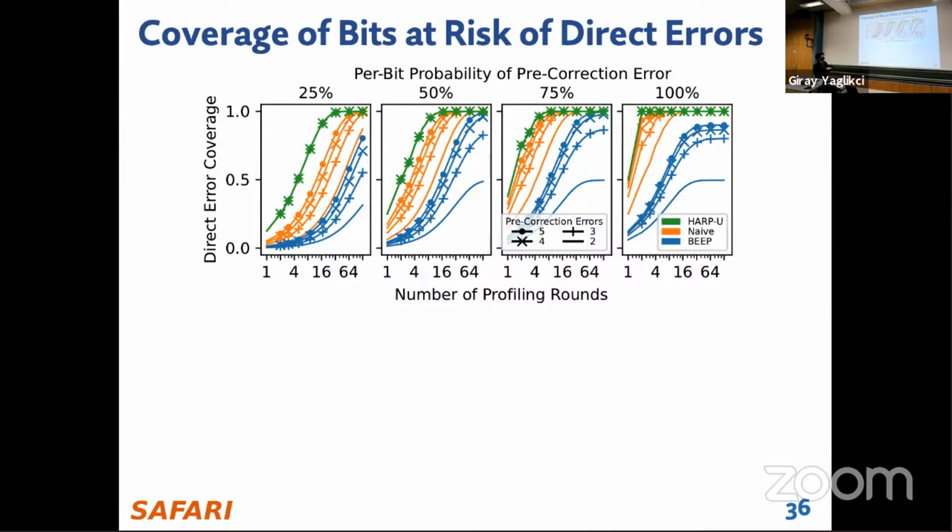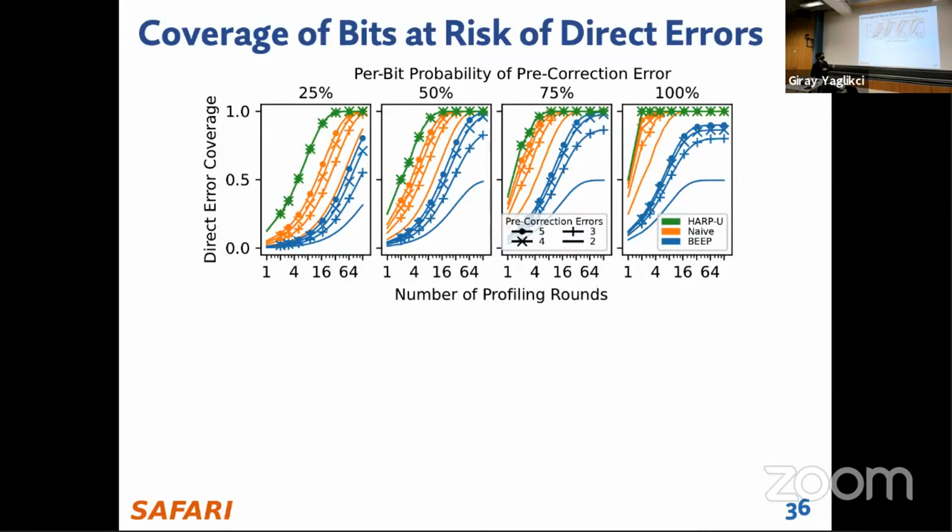The different curves have markers, which represent different numbers of pre-correction errors we inject in our simulation. For example, if we look at the 5 curve, which is illustrated with the dot, we inject 5 errors into the ECC word, but those errors are probabilistic themselves, which is why we have these 4 different panels.